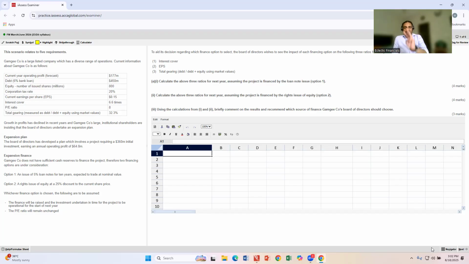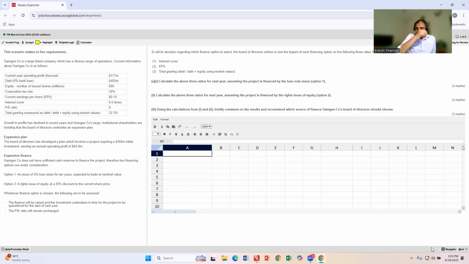The 20% planning includes three things: number one, reading; number two, understanding the requirement and content; number three, brainstorming. Before attempting, brainstorm the key points, either for calculation or for theory. We have already discussed that in previous sessions as well.